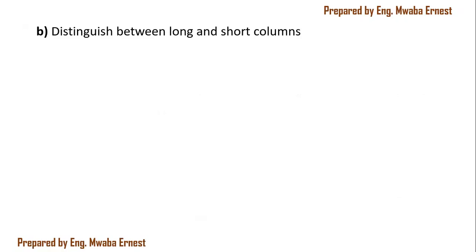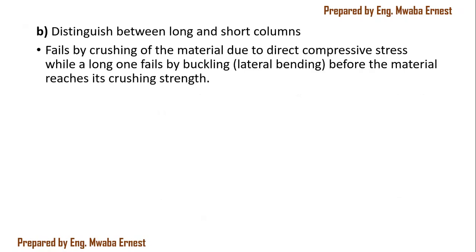Next one: distinguish between long and short columns. First of all, a long column or a short column will fail by crushing of the material because of the direct stress acting on it. But a long one buckles, or simply bends laterally along its own axis.